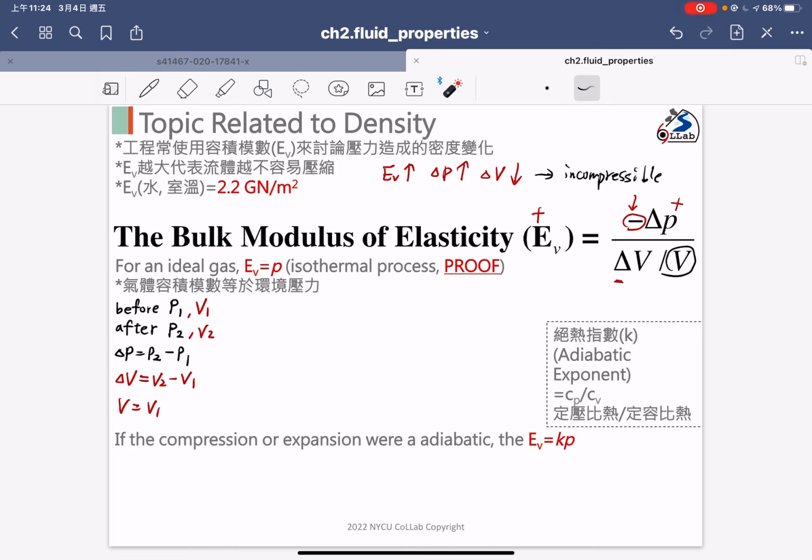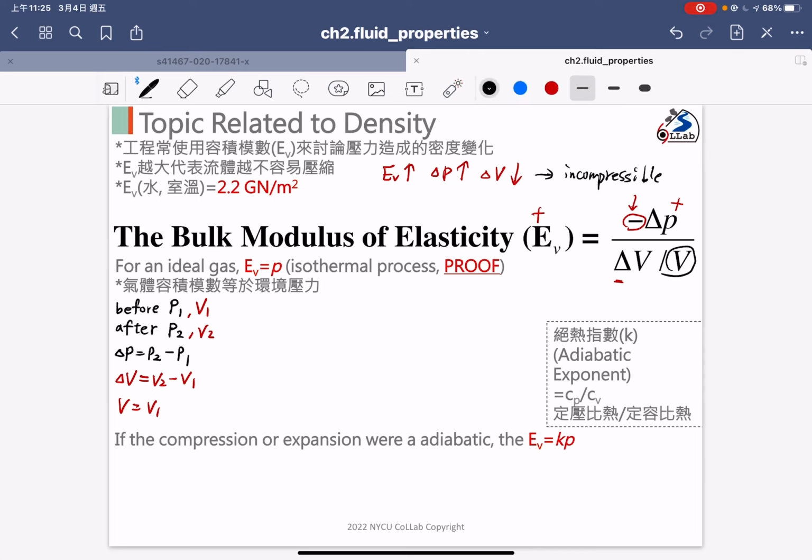Because after we do the compression, the environmental pressure is P2. So that means under the isothermal process and the ideal gas law, E_V will equal P2. So please prove this relationship.